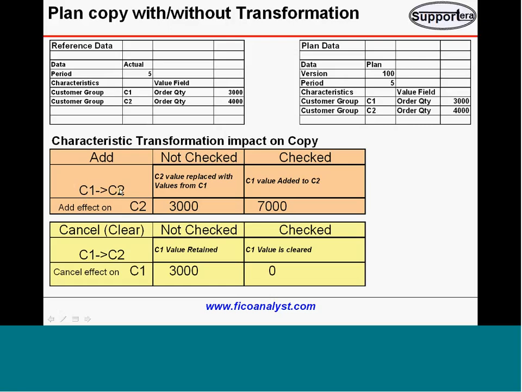C1 already had that value, so 3000 becomes the plan value for both C1 and C2.